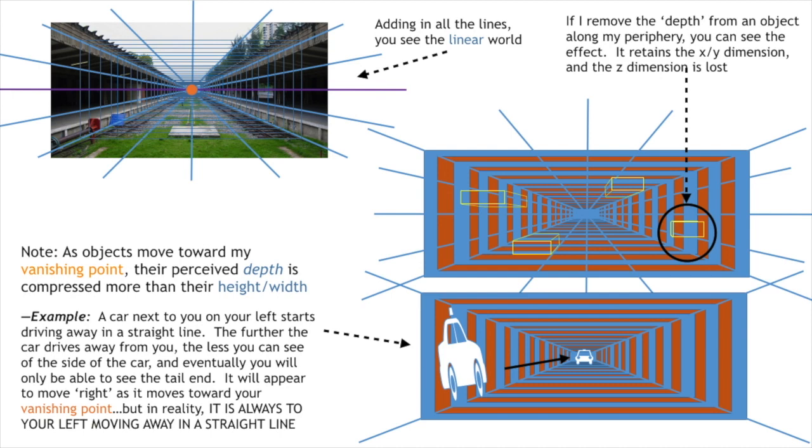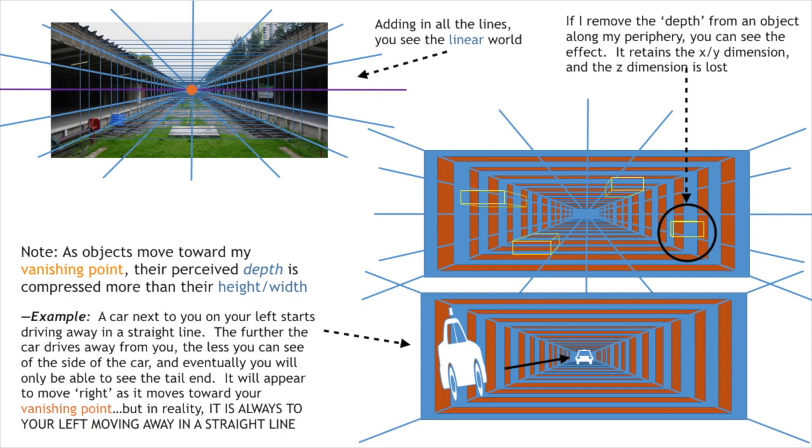With this in mind, note that as objects move away toward my vanishing point, their perceived depth is compressed more than their height or width. An example to visualize this: a car is next to you on your left, with a lot of depth to it. It's just starting out to your left, let's say on the freeway, and it's driving away from you in a straight line, staying in the left lane all the way.